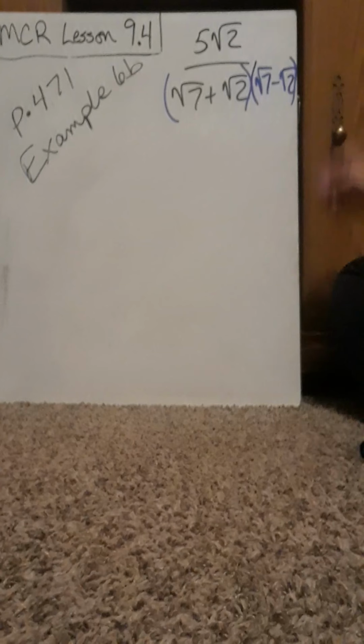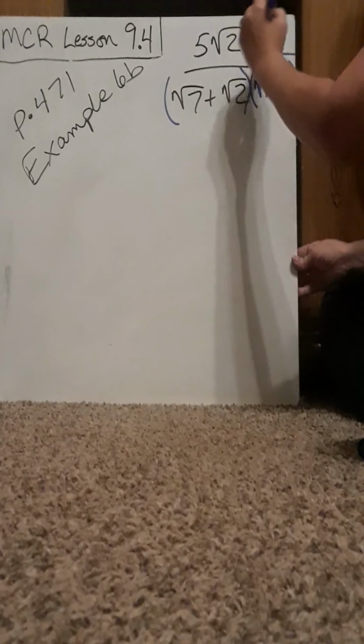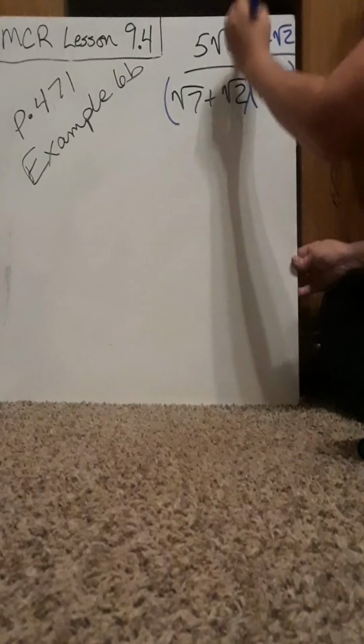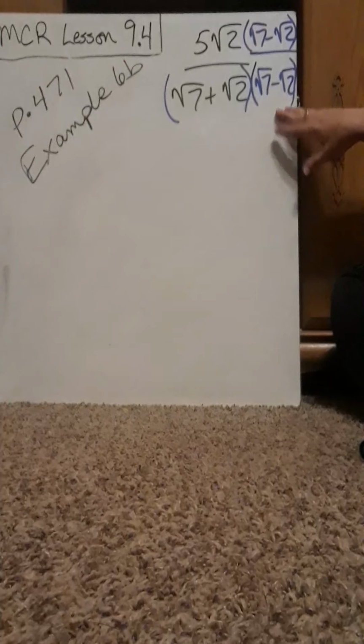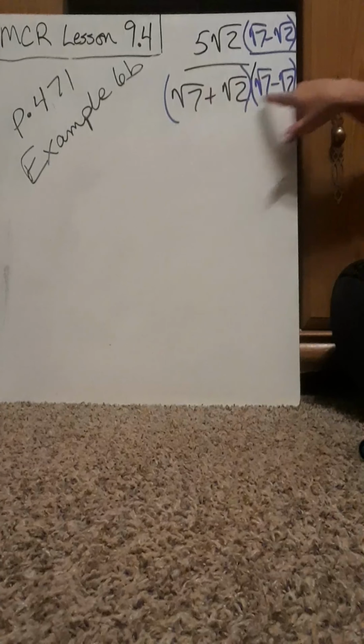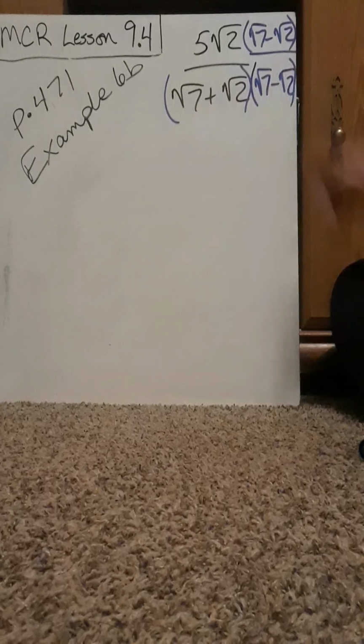Now don't forget also that whatever you do on the bottom, you must also do to the top. So we have to multiply both the top and the bottom by the square root of 7 minus the square root of 2. Rewrite it exactly the same way, but change the sign in the middle. If this is a plus, this becomes a minus. If this were a minus, this would become a plus. You just change the sign.